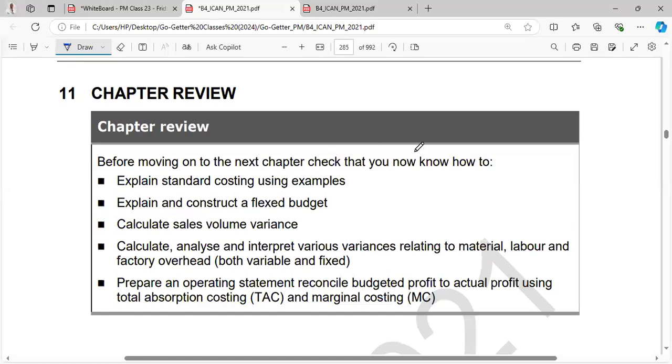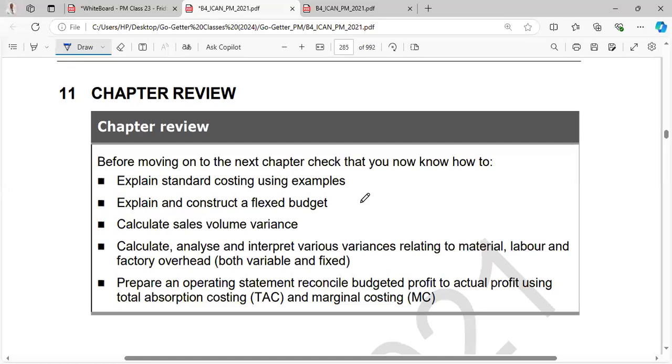So we've looked at standard cost, and we have seen examples of standard cost. We have seen how to construct a flex budget. Then we saw how we can calculate our variances, all our variable cost variances, fixed cost variances, and sales variances.